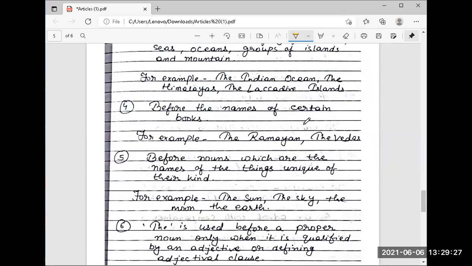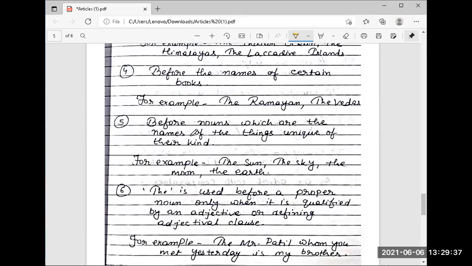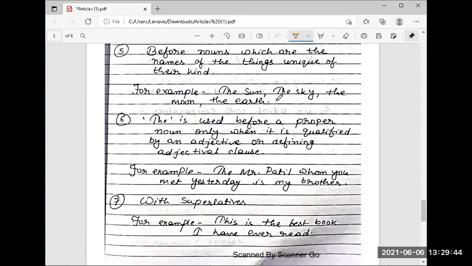Before the names of certain books: the Ramayana, the Vedas, the Mahabharata, the Gita, the Quran, the Bible. Before nouns which are the names of things unique of their kind: the sun, the sky, the moon, the earth.